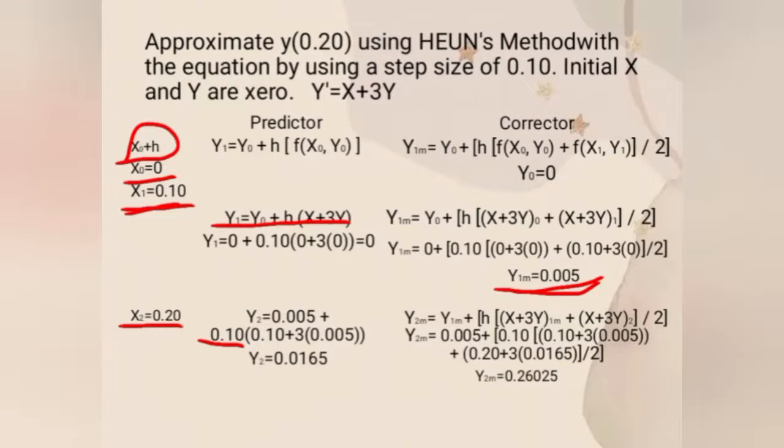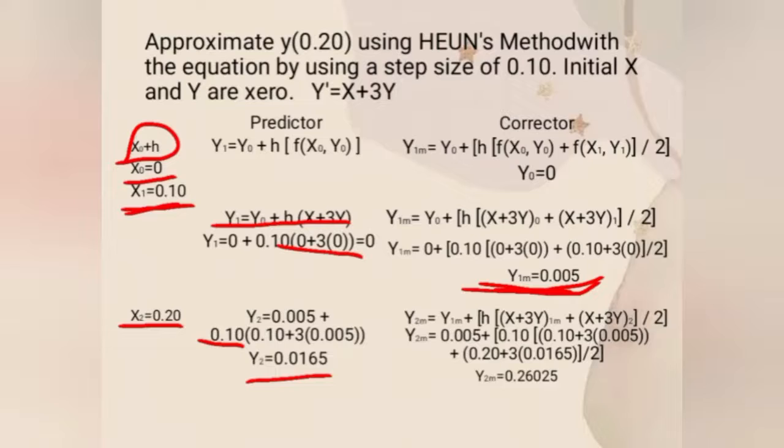We will not be using the value of y sub 1 from the previous predictor method. So we shall use the answer for the corrector. So y sub 2 is equal to 0.0165.